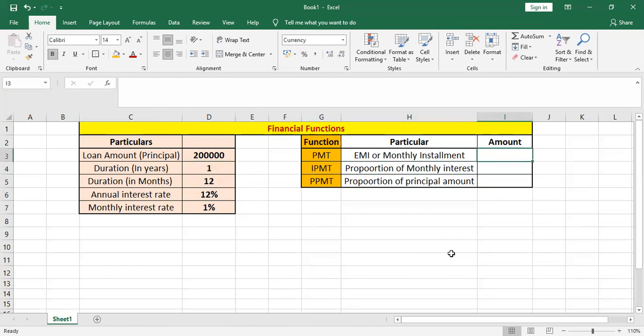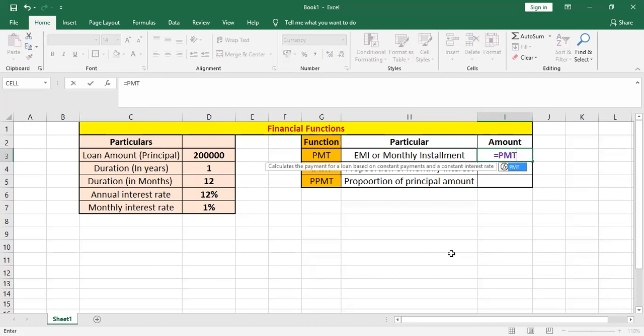Firstly, we have to use the PMT function to calculate the EMI, or the monthly installment that we have to pay after getting a loan from the bank, right? So for that, I'll press equal to, then PMT, tab. I have selected the formula. Now there are these options coming up: rate, nper, and present value.